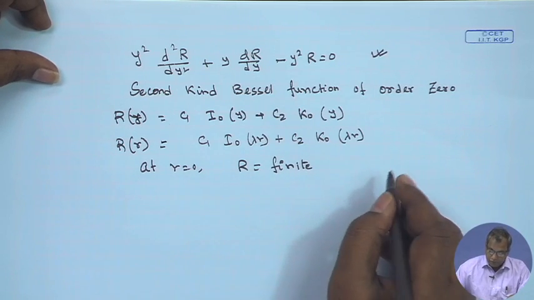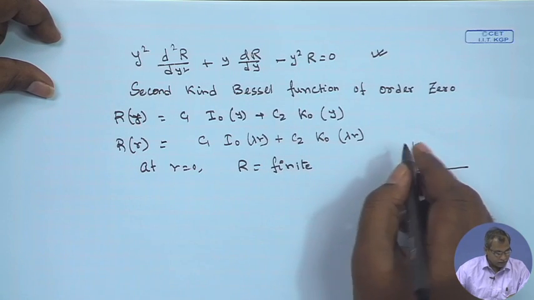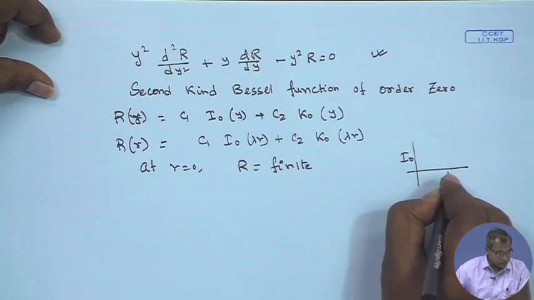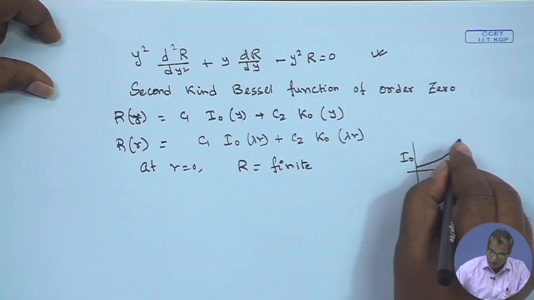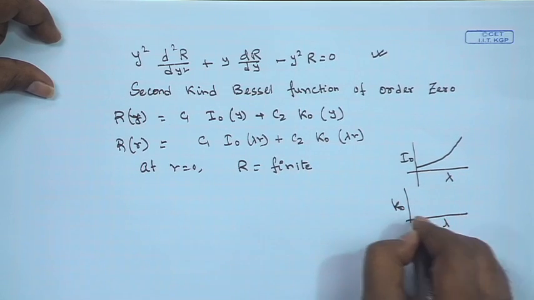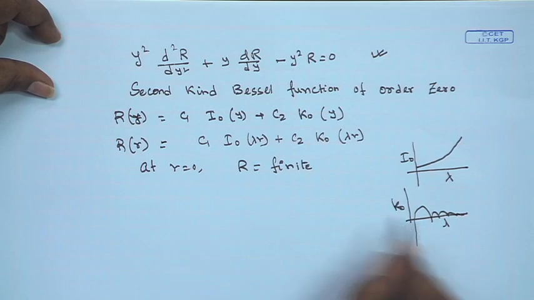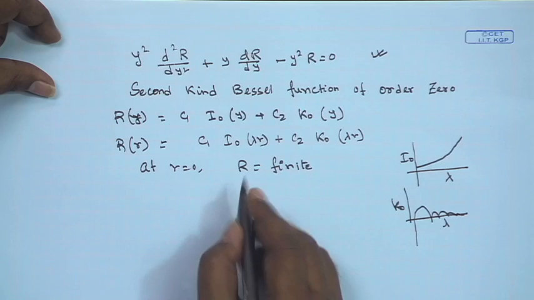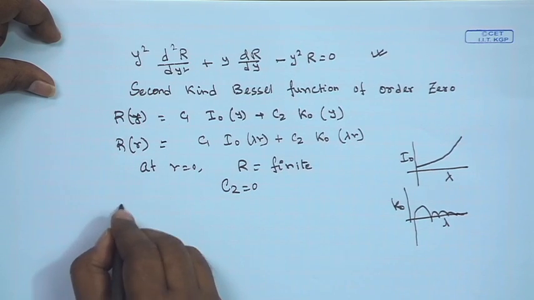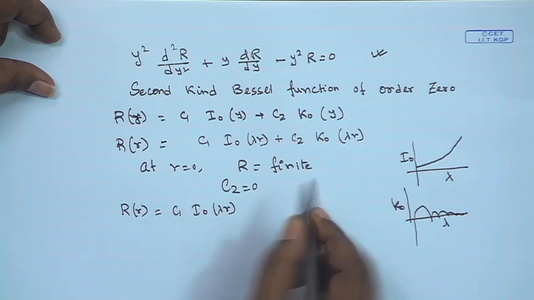If you remember the property of I0, it will be ever positive. On the other hand, K0 of lambda r will be infinity at r equal to 0. So, therefore, the associated constant C2 is equal to 0. So, R is equal to C1 I0(lambda r), right.